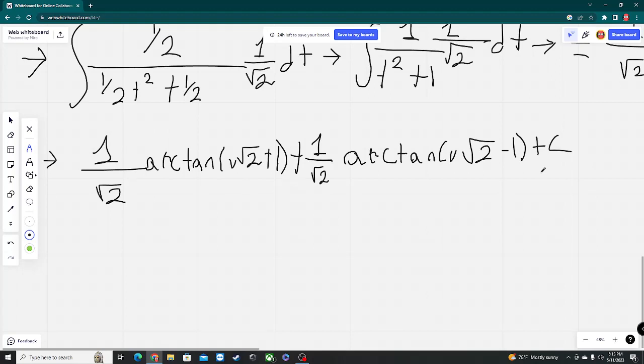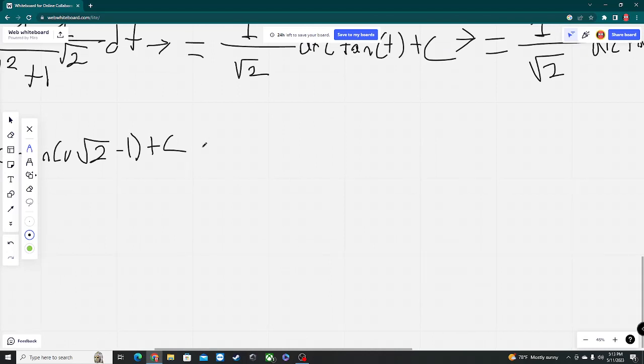Now, our last step to solving this integral is just taking the u out for what we subbed it out for.